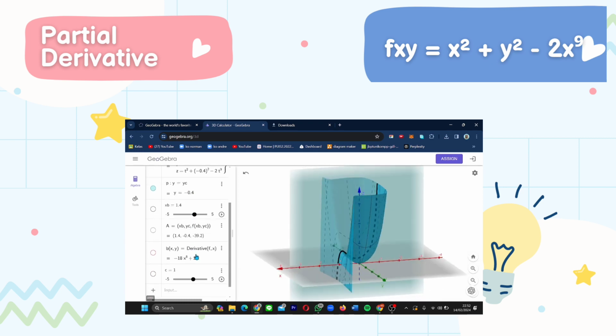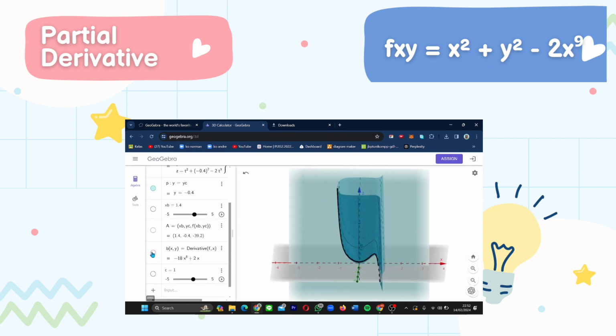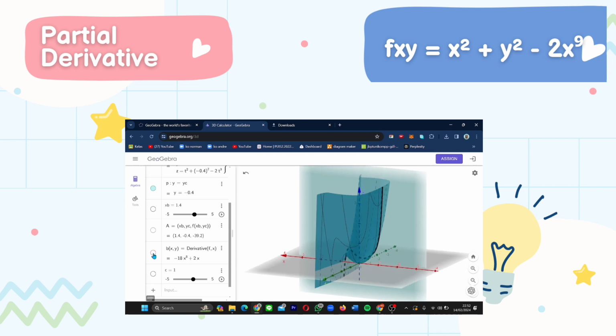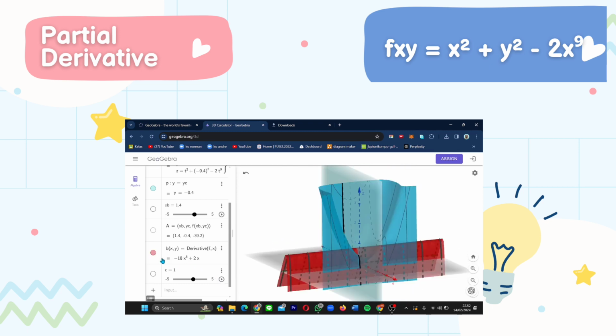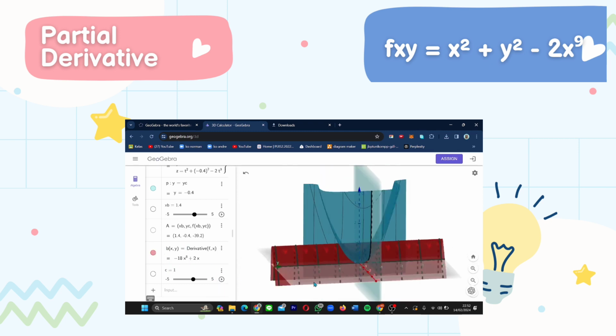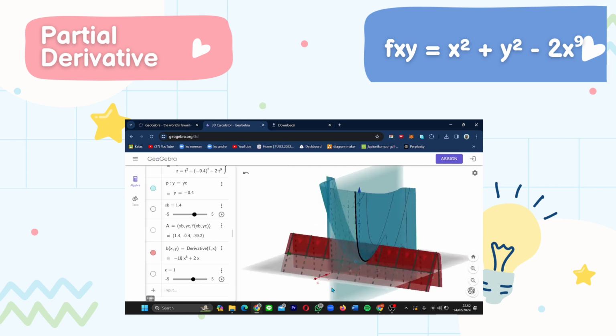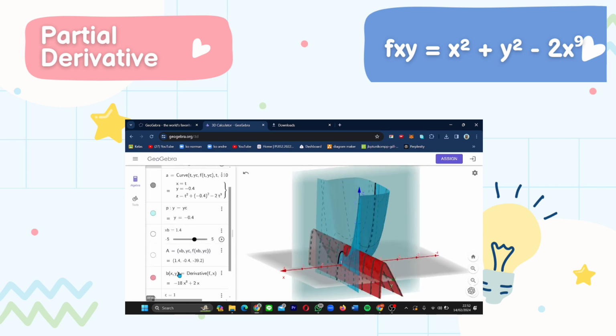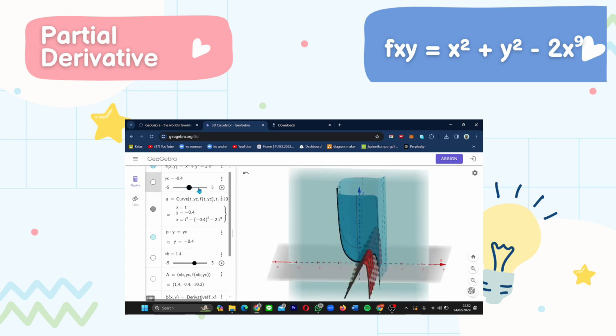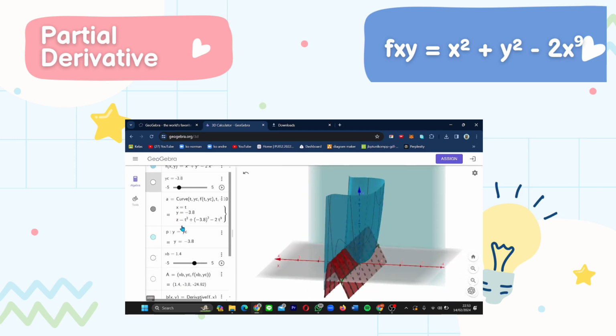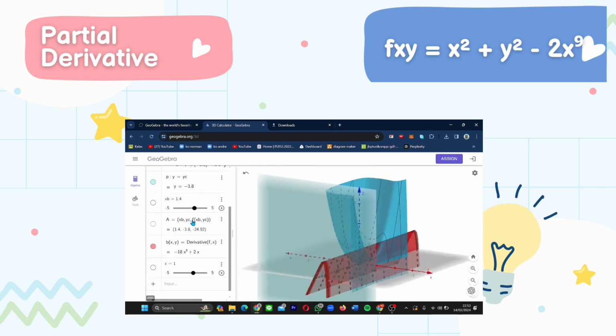Next is the derivative fx of the function f(x,y). So the function we know here. If we have a slider, we know the point. We will know where the point is.